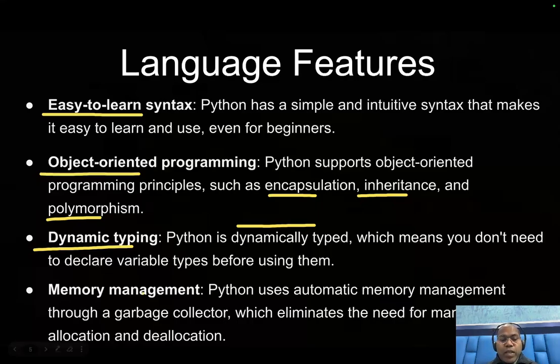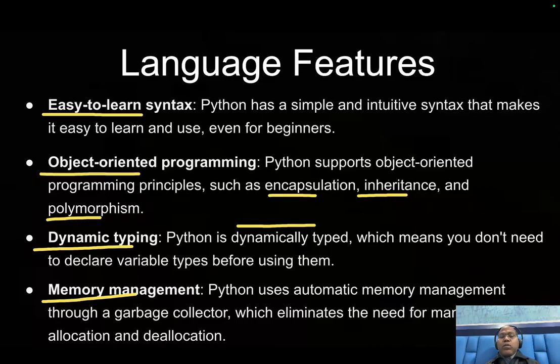Okay, and for memory management, Python uses automatic memory management through the garbage collector, which eliminates the need for manual allocation and deallocation of memory. Whenever we write code, our software requires memory: how much memory is required, when to allocate it, when to deallocate it.